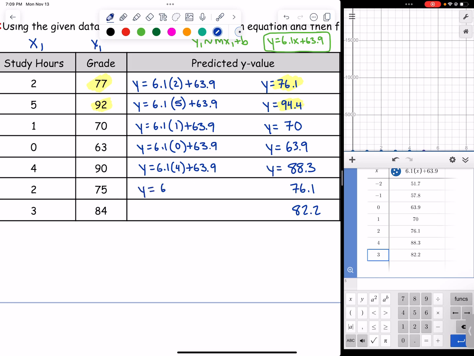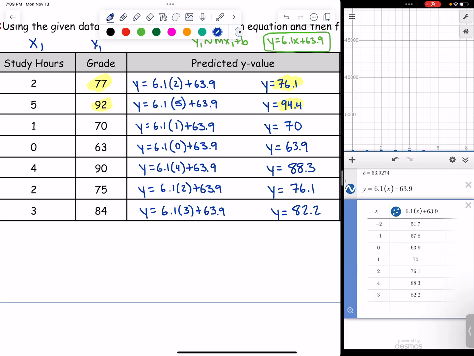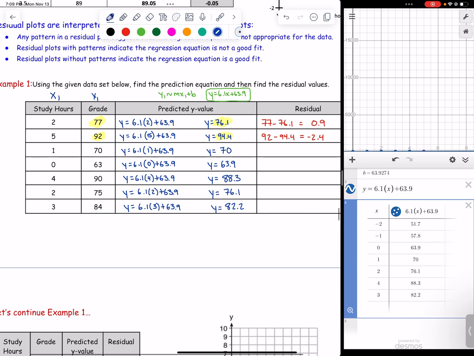And y equals 6.1 times 2 plus 63.9. So I got y equals 76.1. And then y equals 6.1 times 3 plus 63.9. I get y equals 82.2. Okay. So what we can do is compare those now.